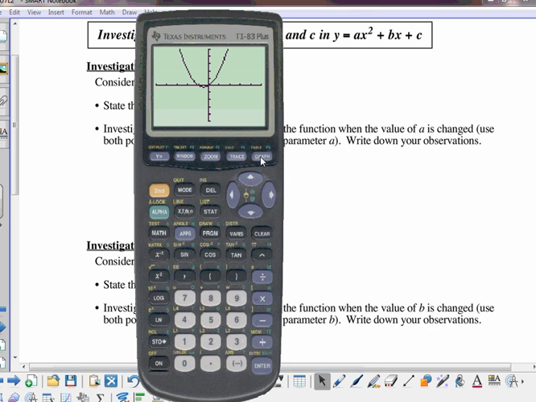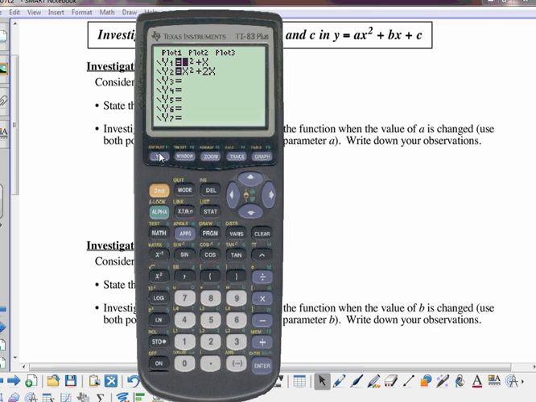Okay, see? Still going through 0, and it's going through 1. So what if I go x squared plus 2x? I still go through 0 and 2. So what is the b value changing? The x points. What do we call these points on the x-axis that it crosses? The x-intercepts.